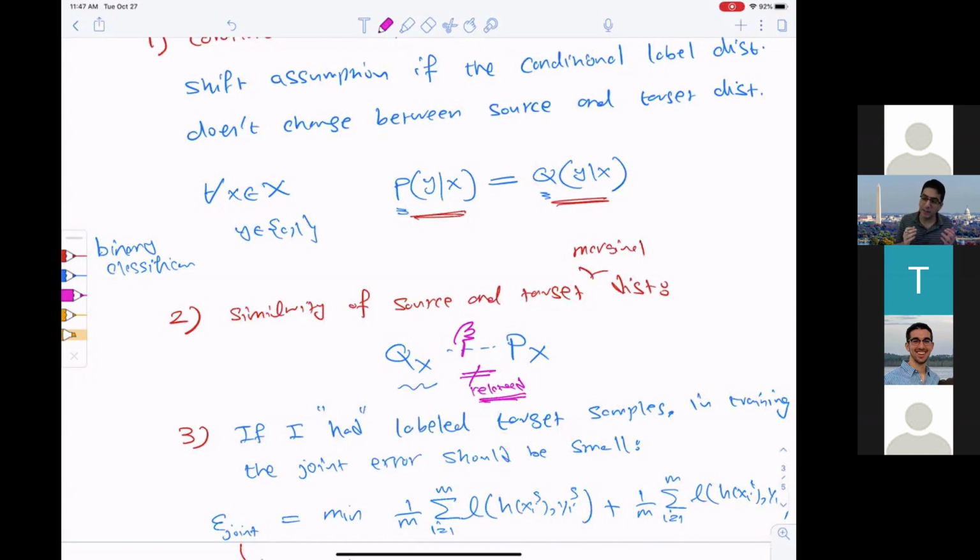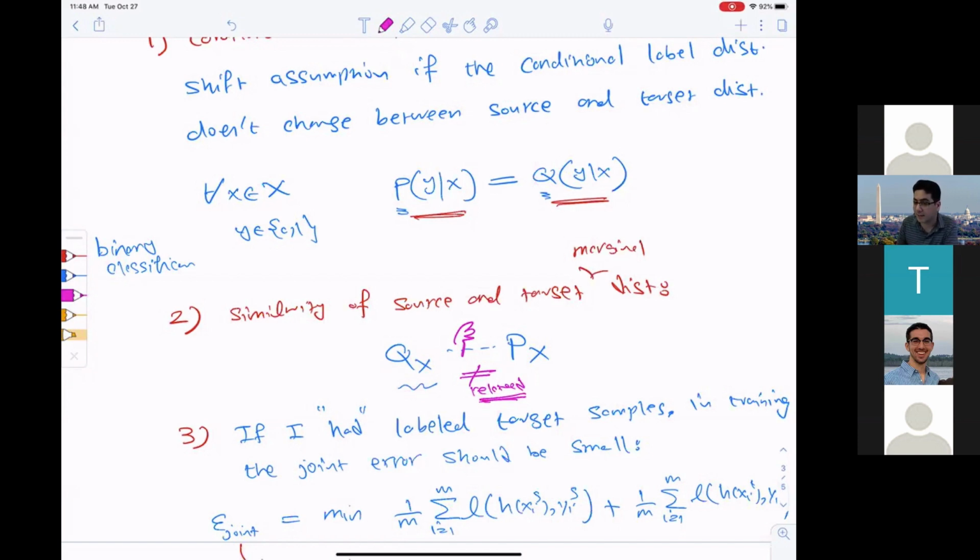Having the conditional probabilities be the same means that, let's say, they are like spikes. Let's say you have a deterministic mapping from X to Y. It means that you have a really ground truth labeling that can work for both source and target samples coming from either Q or P distributions.